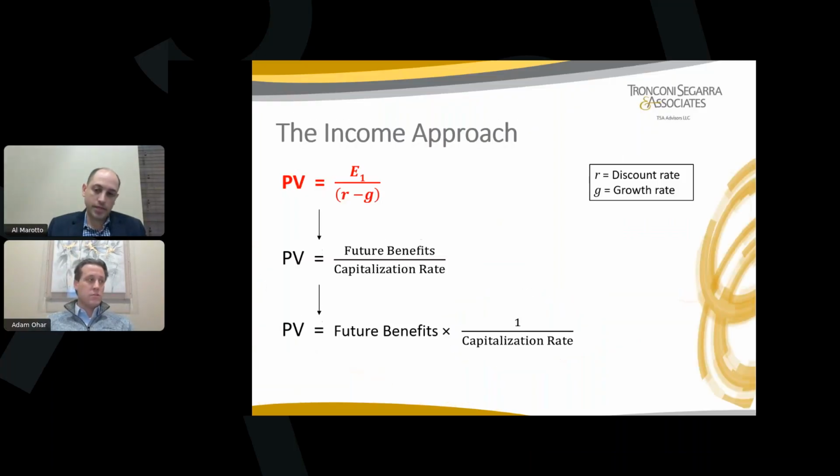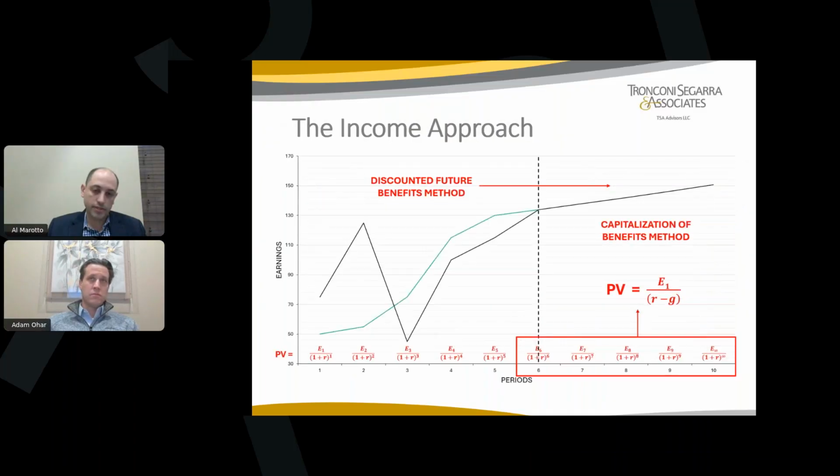Essentially what you're trying to capture with the discounted cash flow method is the variability in your cash flows in periods 1 through 5. Like Adam said, this could be in periods 6, 7, and 8. But you need to know in your forecast period where that variability is until you reach a steady state of growth, so you're not undervaluing or overvaluing the business based on short-term variability in earnings, based on things you may or may not be able to control.